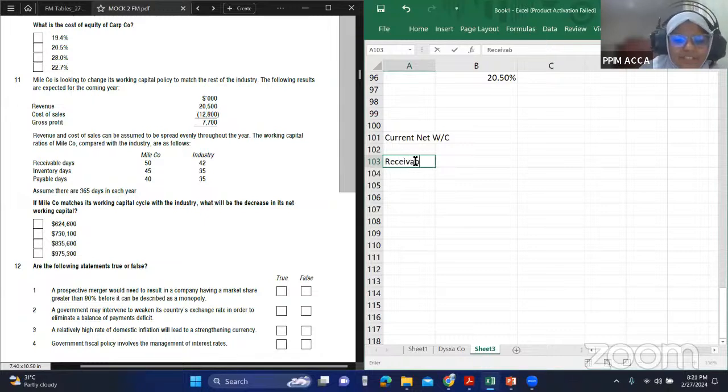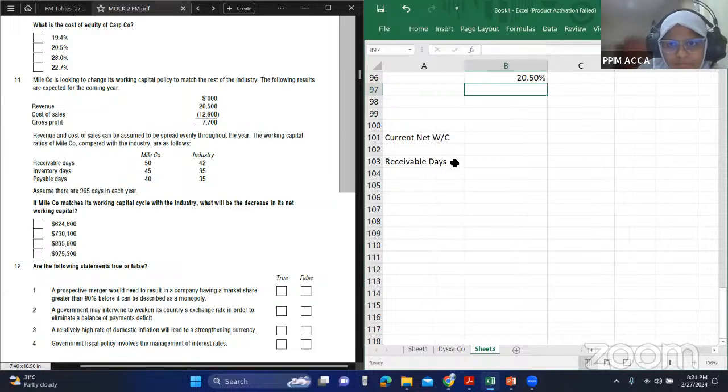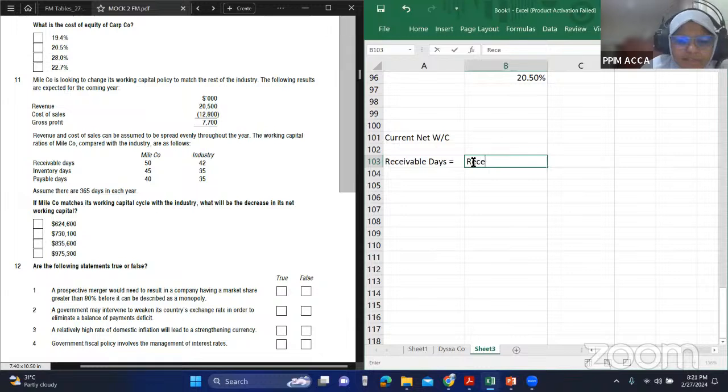Receivable days equals the receivables divided by the sales, into 365. Everybody knows this.